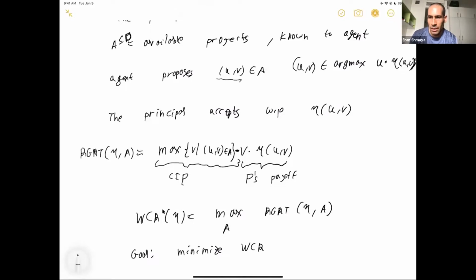In order to focus on this, I will also solve another mechanism design problem, in which when the agent makes a proposal, the principal can only observe the principal's utility from the project, not the agent's utility from the project. And we will see why it matters.